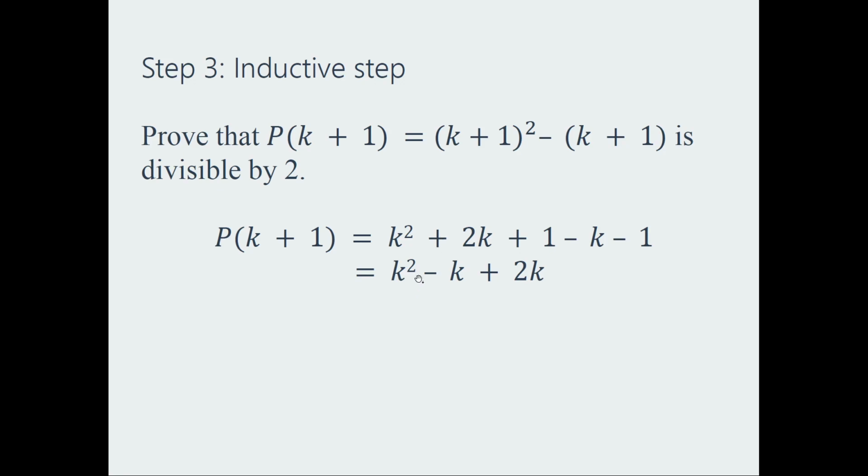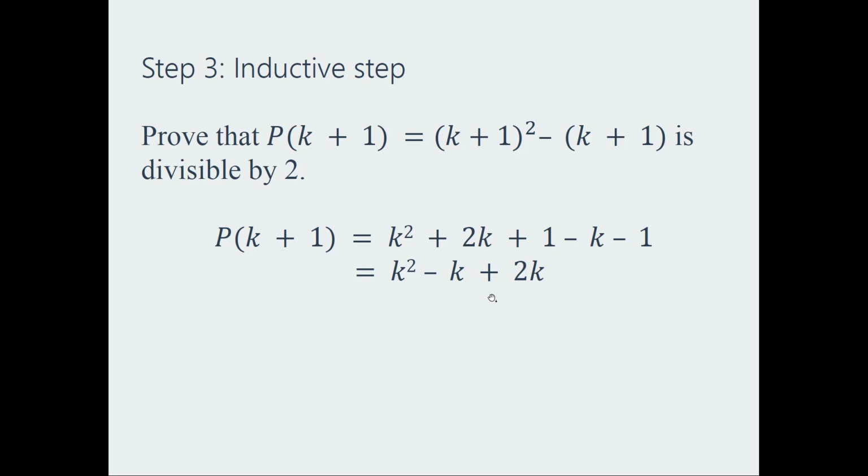So we'll get k squared minus k plus 2k. Again, we did not fully simplify this whole term here. We intentionally created this expression, k squared minus k plus 2k.